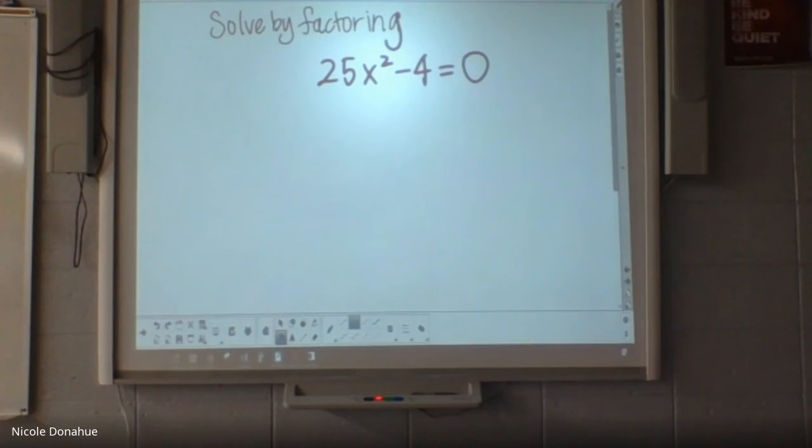So this one, since you know it's 4 and it's a perfect square, you take the square root of 4, which is just 2. And then you set it equal to 0. They have to be perfect squares and opposite signs.